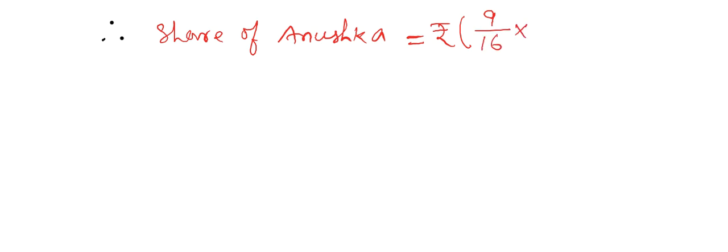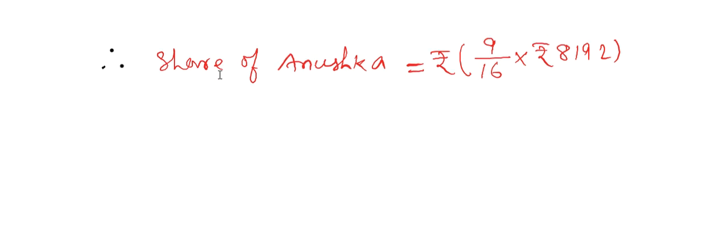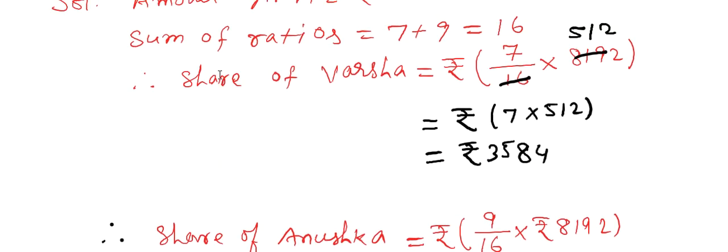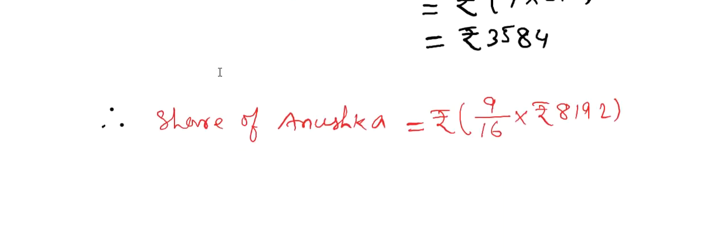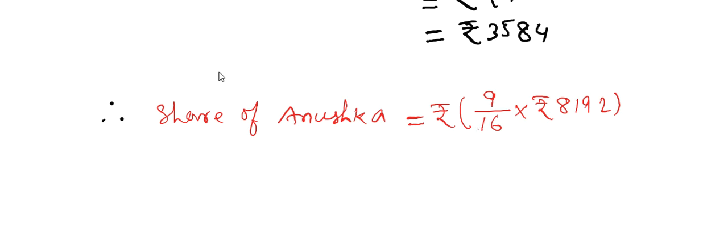The total amount here 8,192. Just above we have cancelled how many times 16 cancels 8,192. That is 512. So there is no need to cancel it again as above. You can cancel it here.